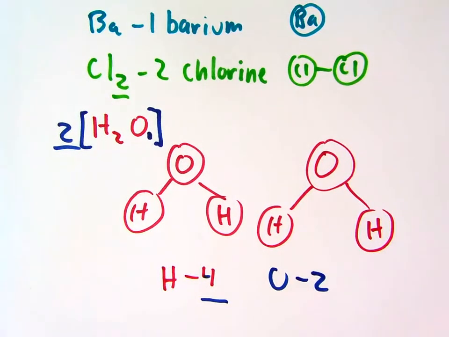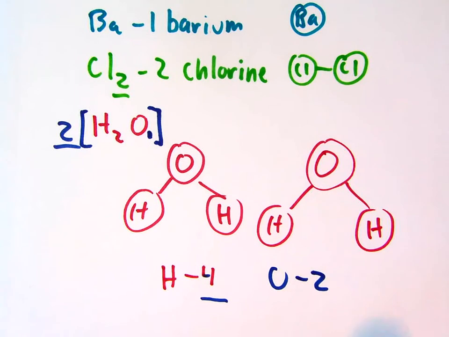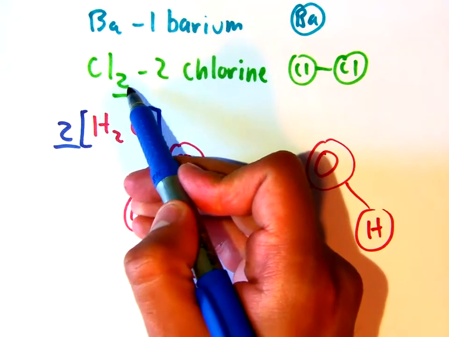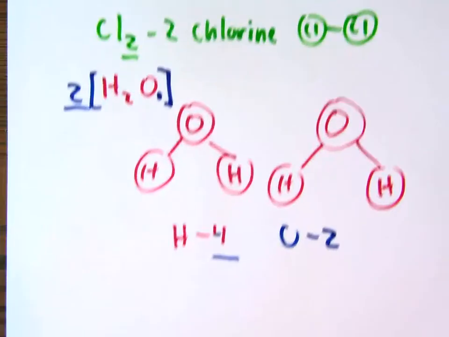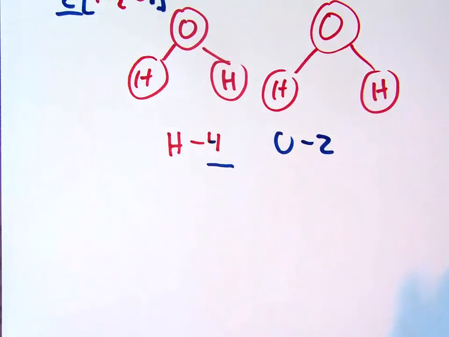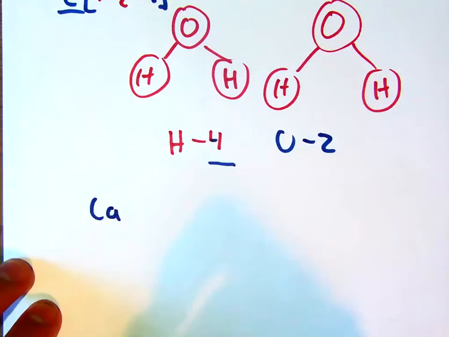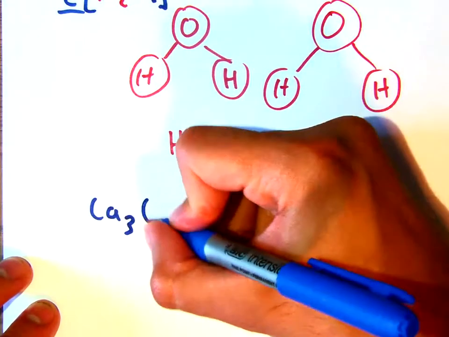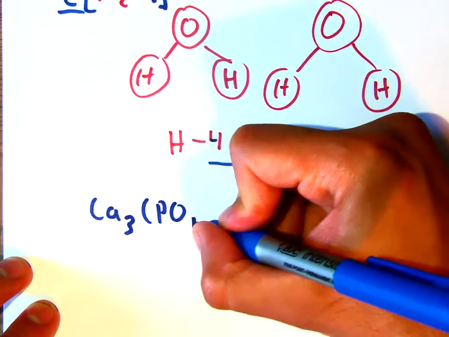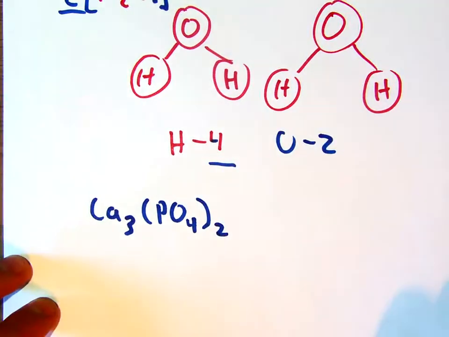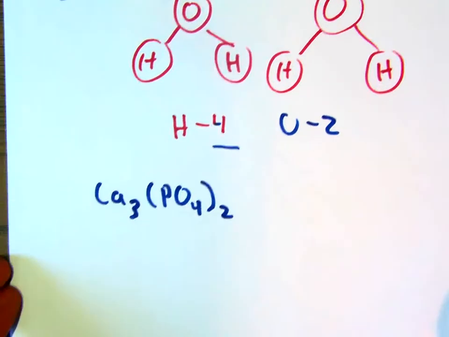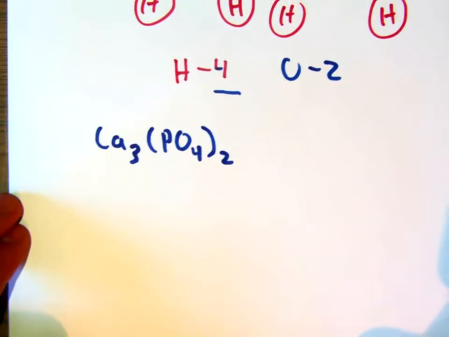Then the last thing you're going to see is subscripts on brackets. Let me show you an example of that. Let's say we have Ca3(PO4)2. The first thing we want to do is list every atom we have.